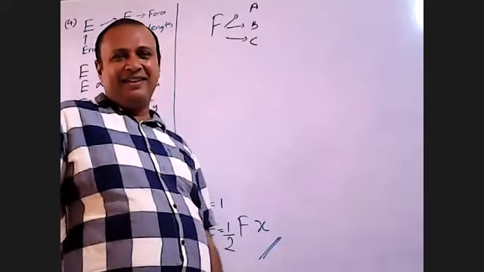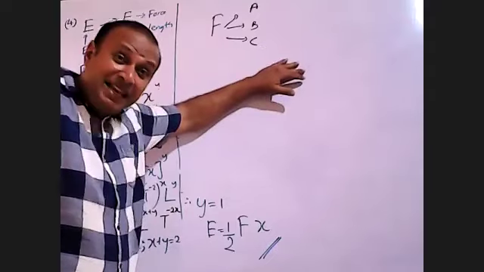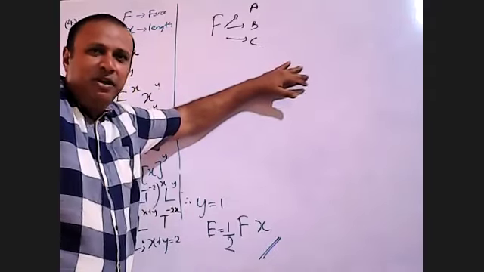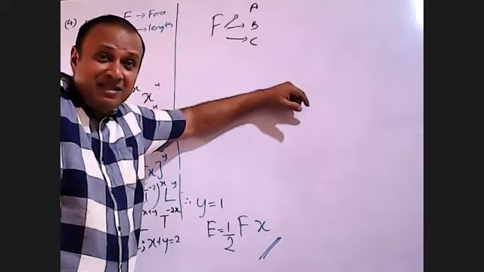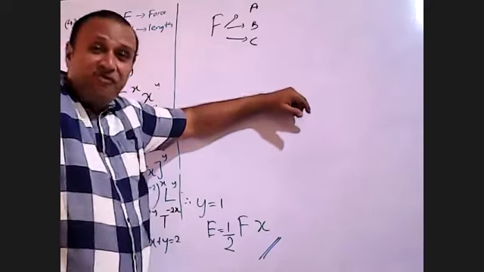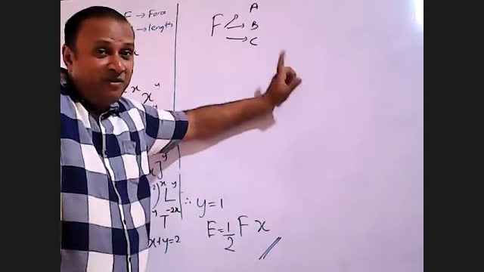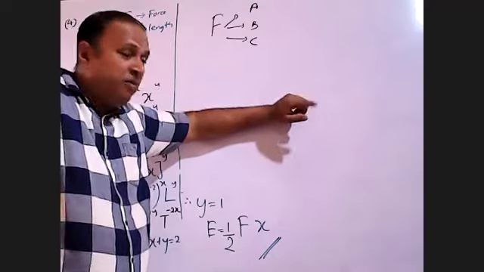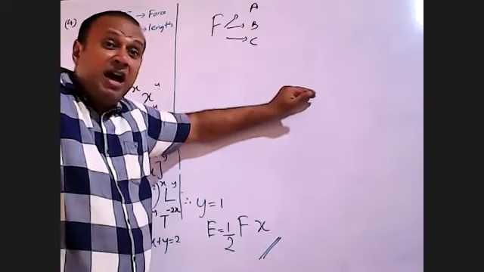Therefore the maximum number of physical quantities in an equation can be equal to 4, but we can find up to 3 unknown powers. We can find maximum up to 3 unknown powers.